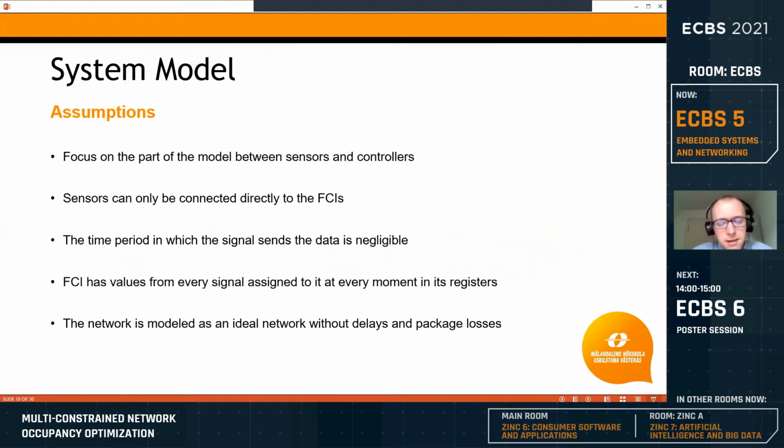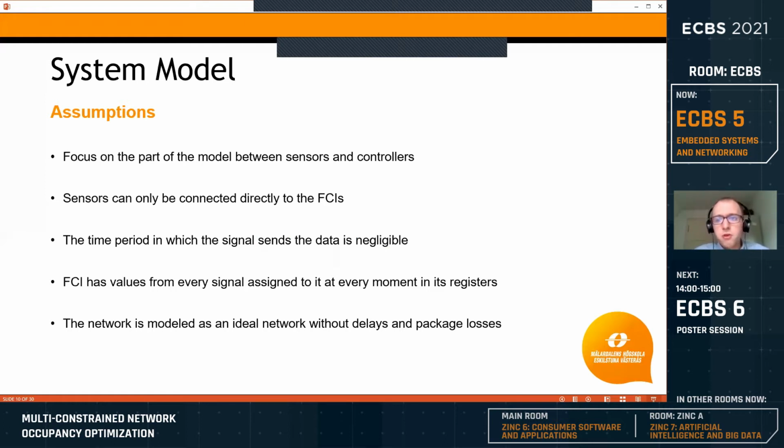Regarding the system model, we made some assumptions in order for our model to be ready for optimization. First, we focused on the part of the model between sensors and controllers. That is, we considered only one-way communication from inputs to outputs. Sensors can only be connected to the bus via FCIs, so there's no direct connection between sensors and network.